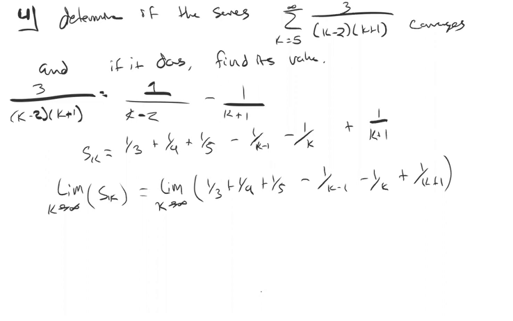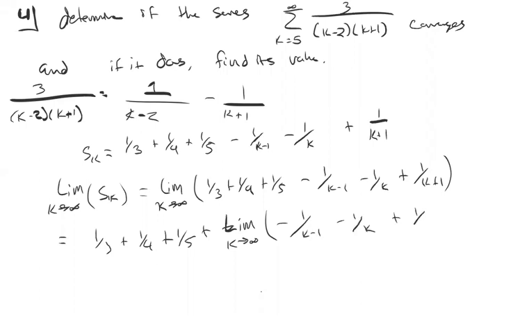But limits distribute over sums, so this is 1/3 plus 1/4 plus 1/5 plus the limit as k approaches infinity of minus 1 over k minus 1 minus 1 over k plus 1 over k plus 1, because constants are unaffected by a limit. These guys don't care about what k does, so the limit is just the constant, right?